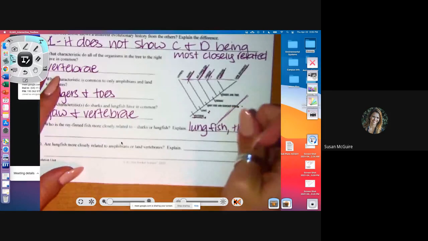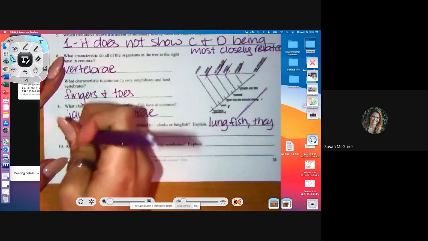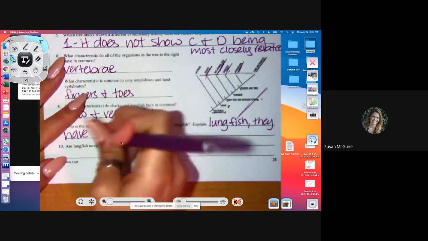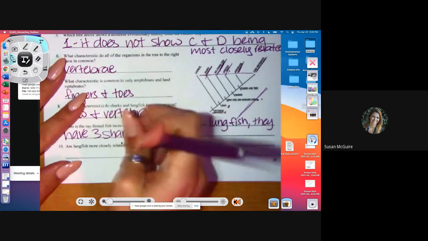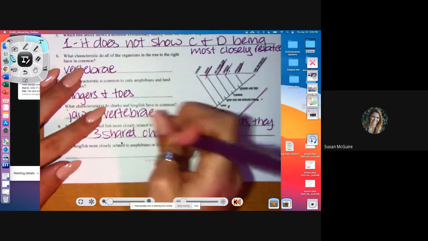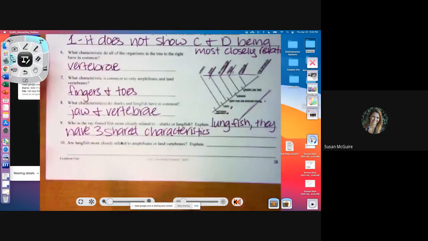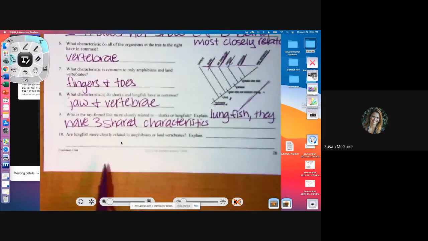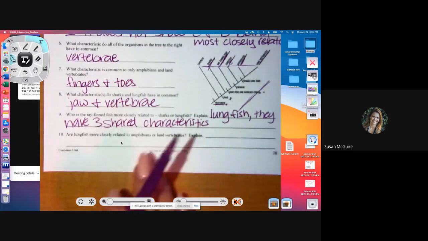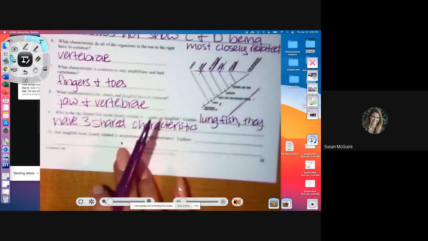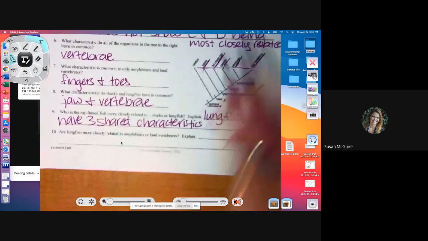What's number 8? Jaw and vertebrae. Are lungfish more closely related to amphibians or land vertebrates?